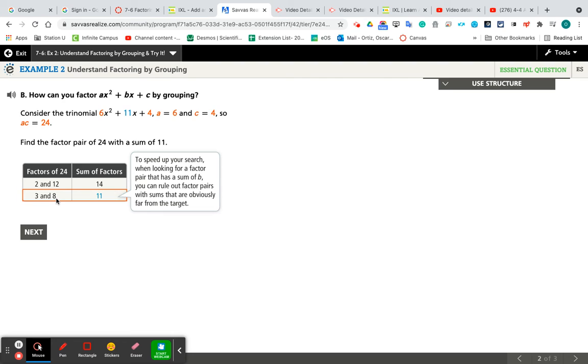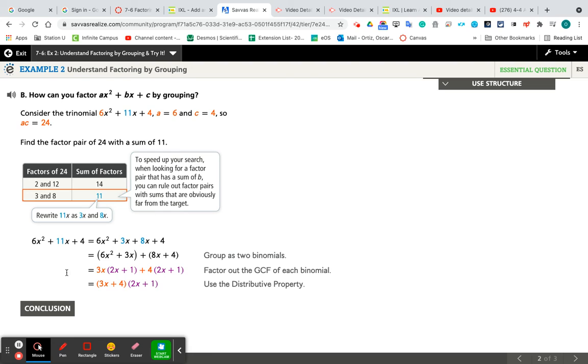So those two numbers are 3 and 8. So once we find those two numbers, we can write this as 6x squared plus 3x plus 8x plus 4. Notice this is the initial trinomial.